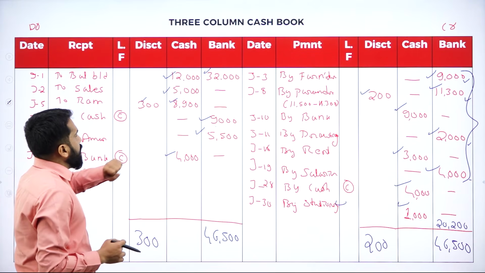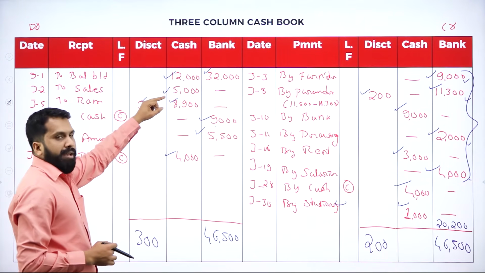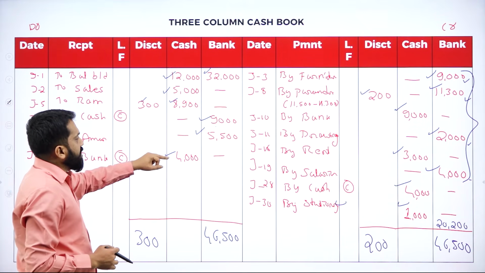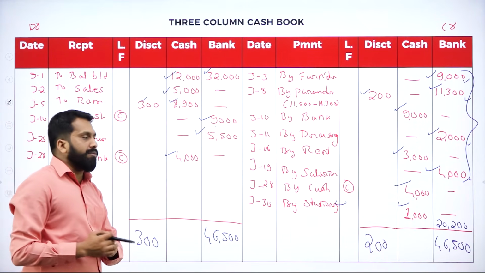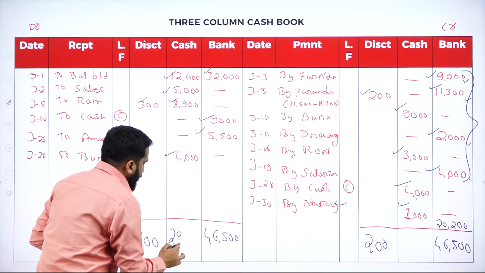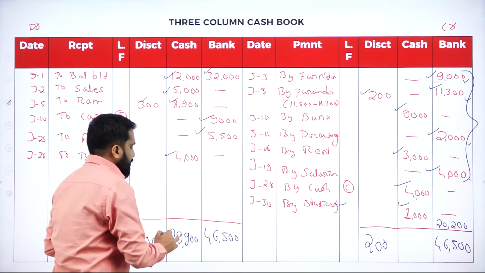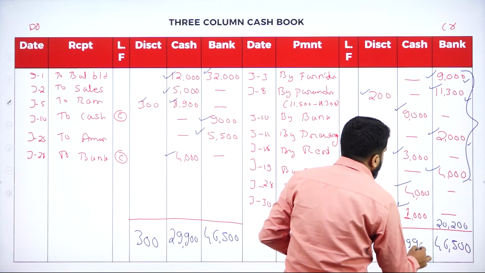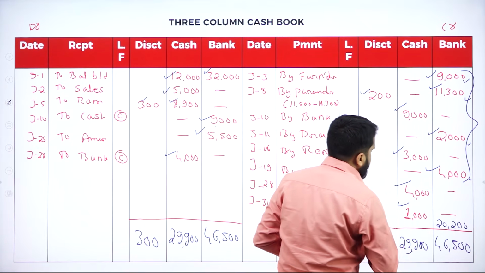Similarly, add your debit side. 12 plus 5, 17 plus 8, 25 plus 4, 29,900. You have less on the credit side. The same value, 29,900, goes on both sides. This is done.